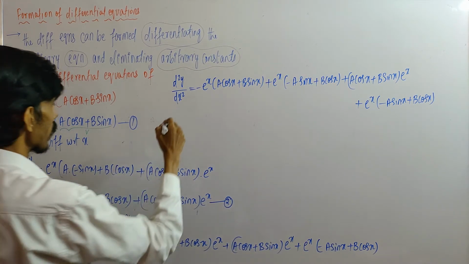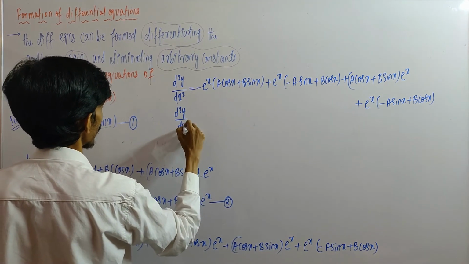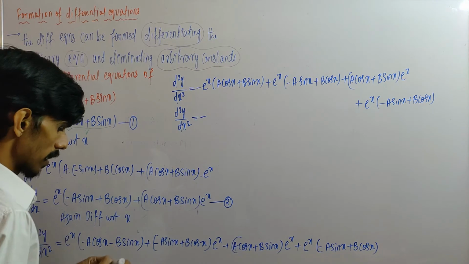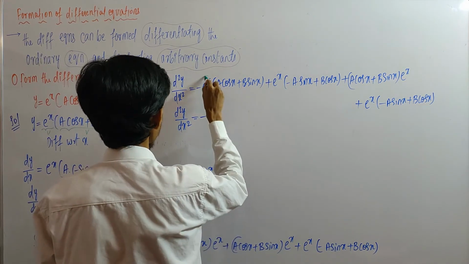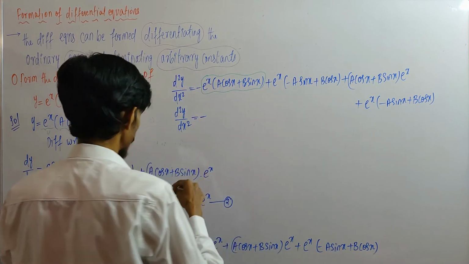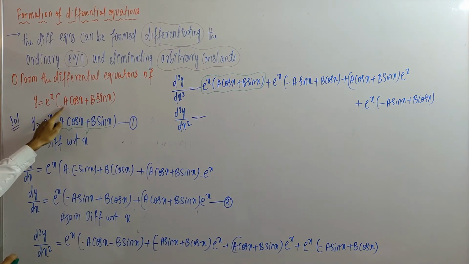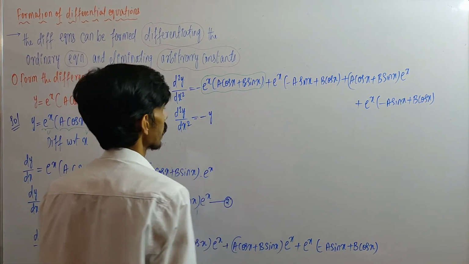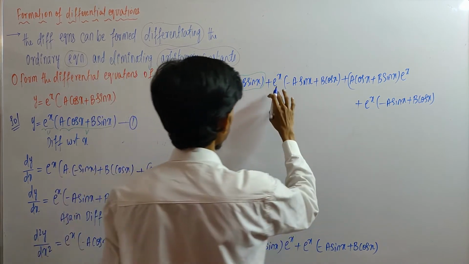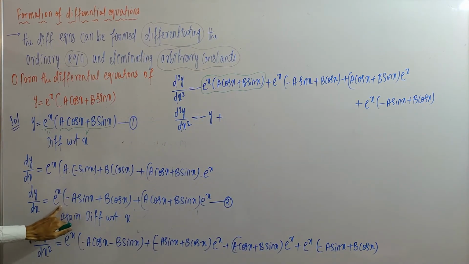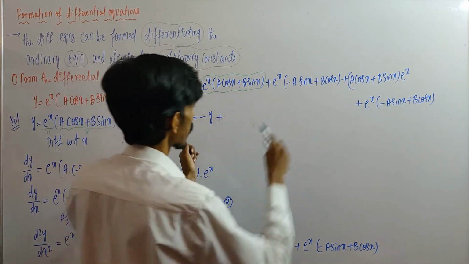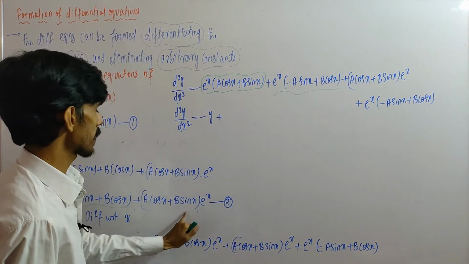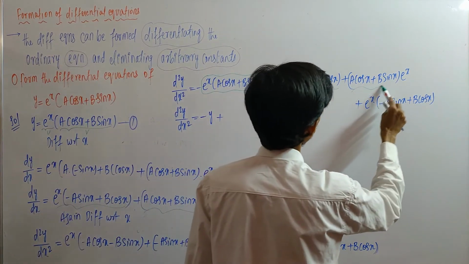Now d square y by dx square is equal to minus this term, e power of x into (a cos x plus b sin x). Look here, e power of x into (a cos x plus b sin x) is y. So this complete will become y, plus here we have e power of x into (minus a sin x plus b cos x). These two are the same, plus a cos x plus b sin x into e power of x. This term and this term are the same.